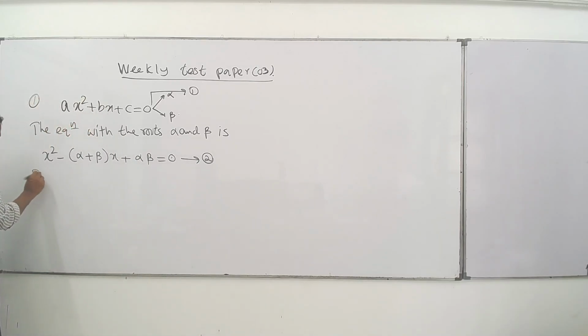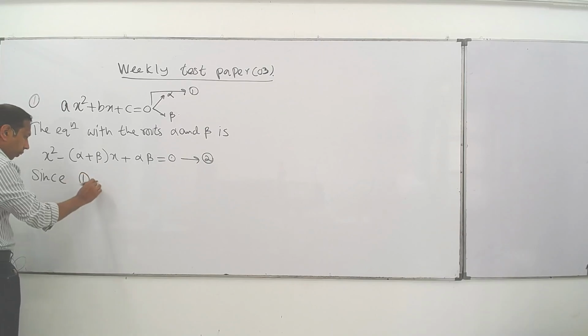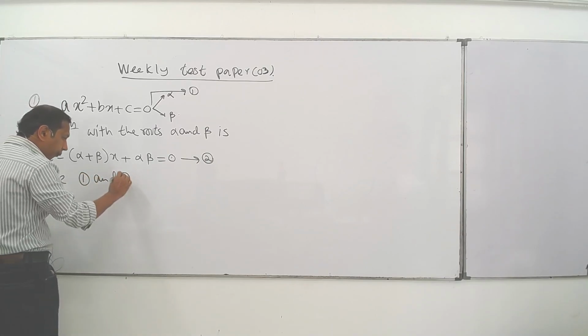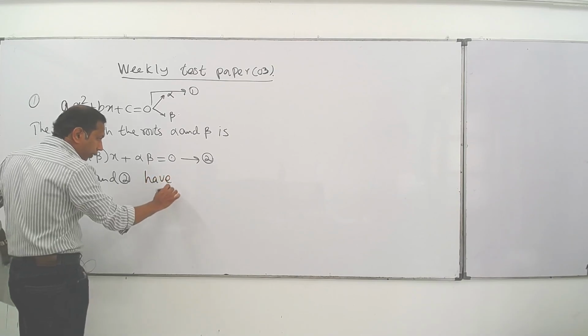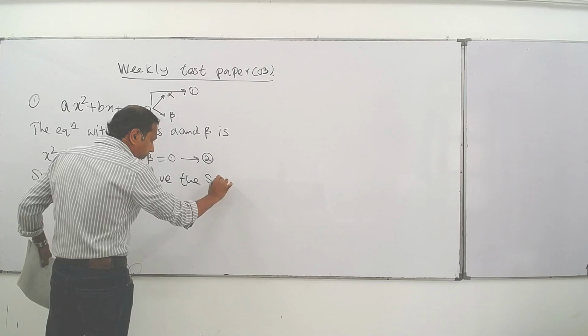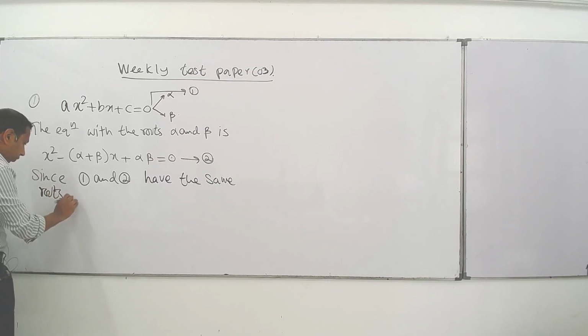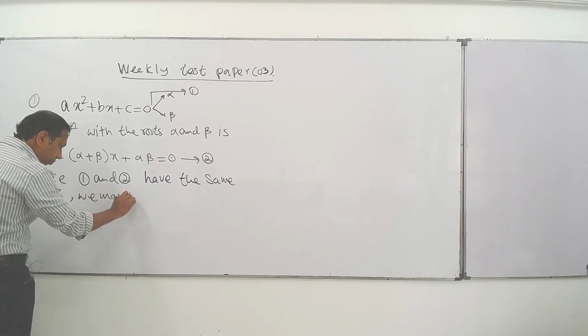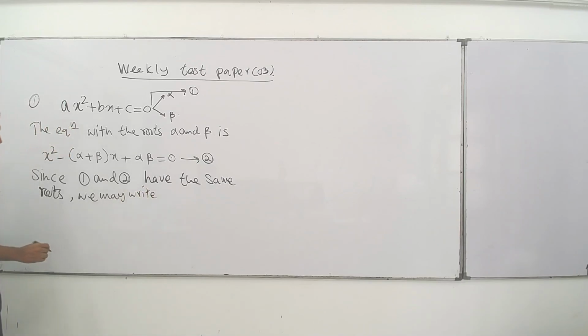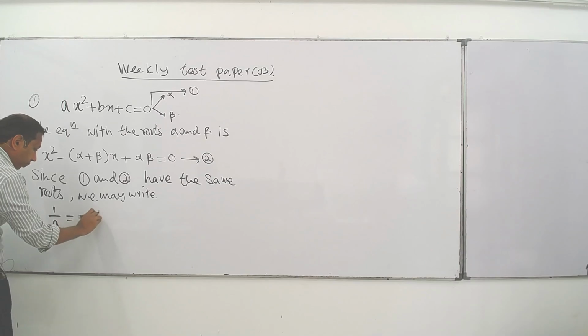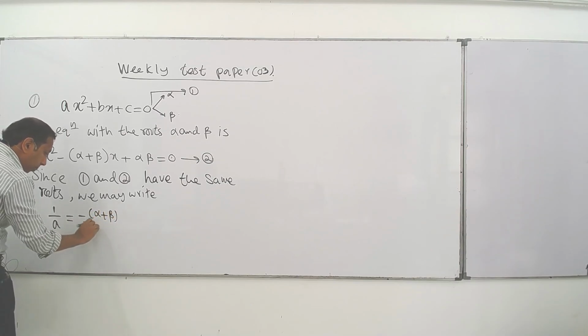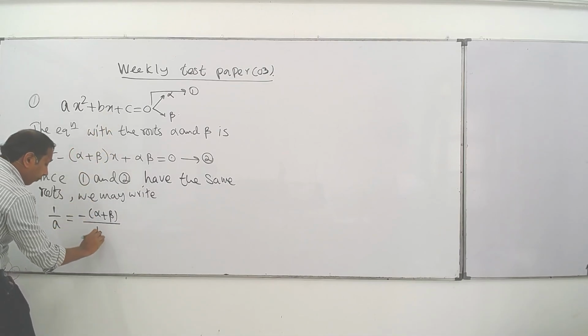Then since 1 and 2 have the same roots, we may write: here this coefficient is 1 divided by the x squared coefficient a. The x coefficient here is minus alpha plus beta, here it's b.